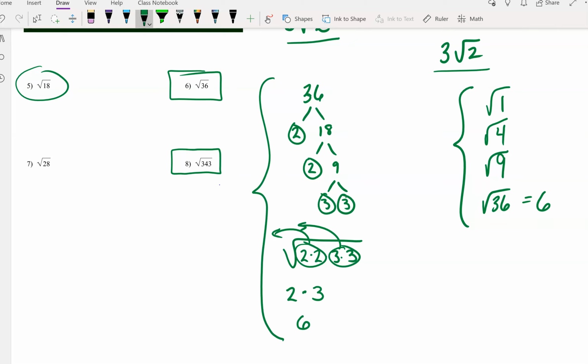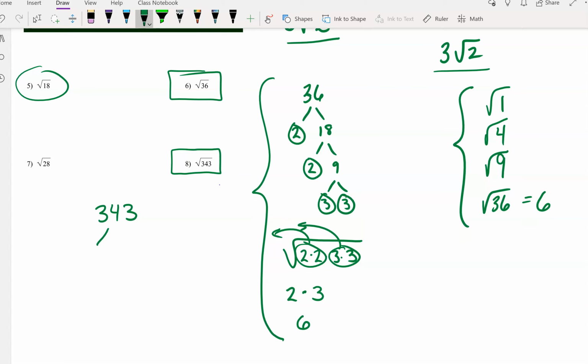Now 343, just in case you tried this one, so you know your square roots on this one. When I tried to factor 343, I first tried dividing by 3. That didn't work. I know it's not divisible by 5.